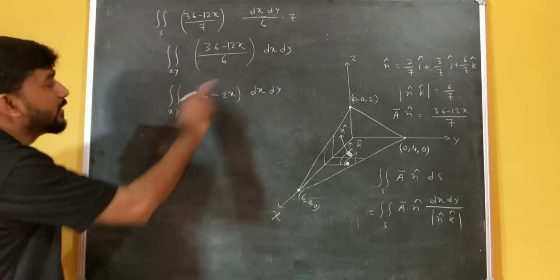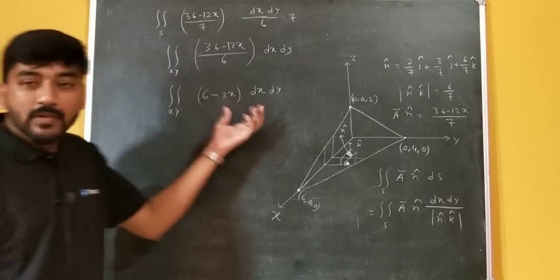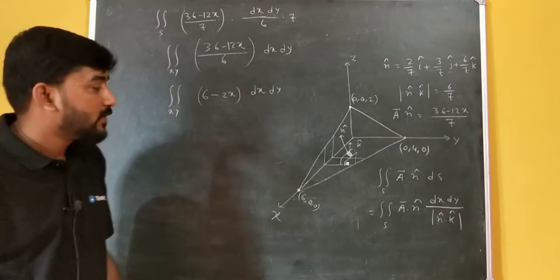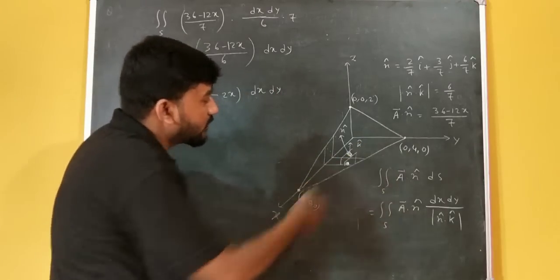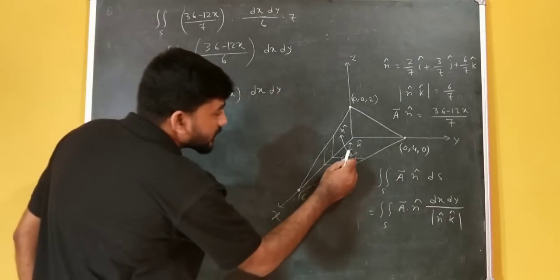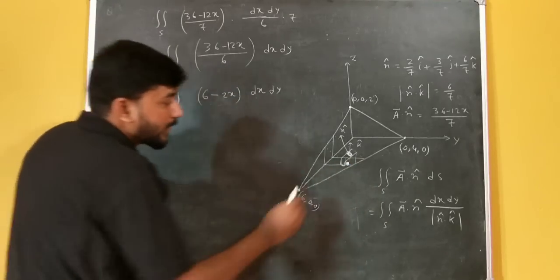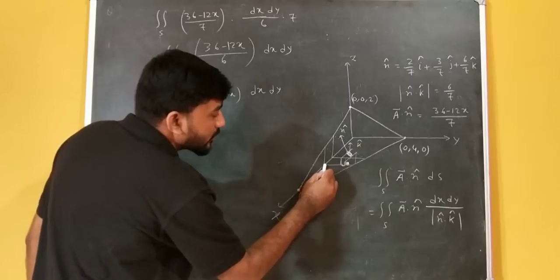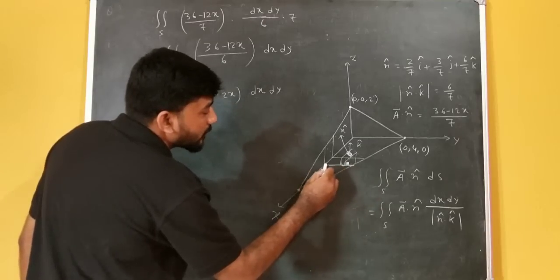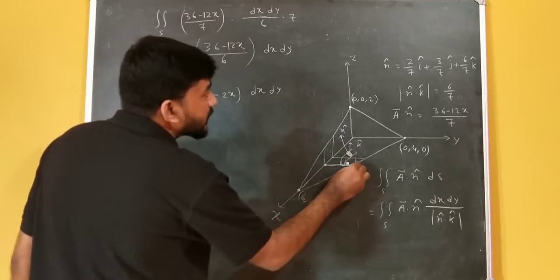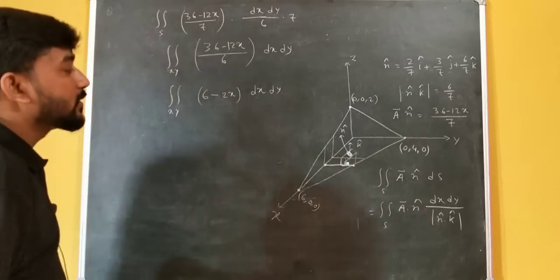Now we have to choose the limit of this integration. And please one thing keep in mind. Now we have to just cover the xy plane, and the xy plane is here. Okay, so this strip, you can see here the ds is here. So this strip will vary along y axis from here to here. Okay, from here y is equal to 0, and here what is y? We can find from the equation of plane.